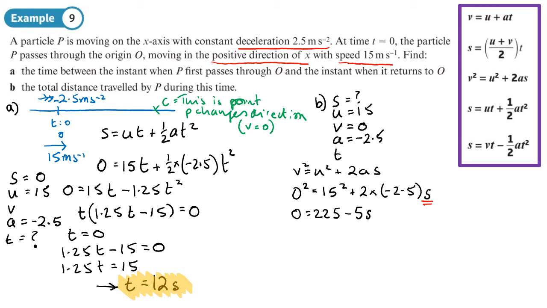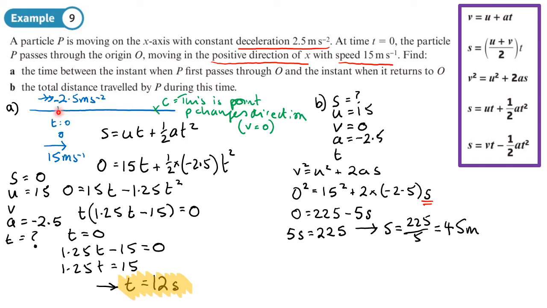This is where we've got to be really careful, with an S and a 5 right next to each other. So that will give us 5S equals 225. That means S is equal to 225 over 5. Let's work that out: 225 divided by 5 is 45.